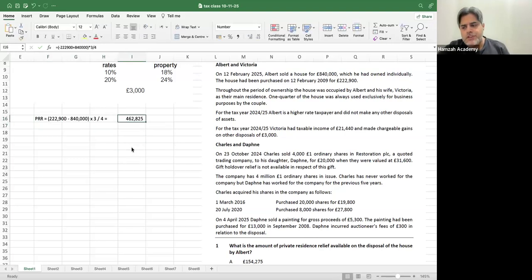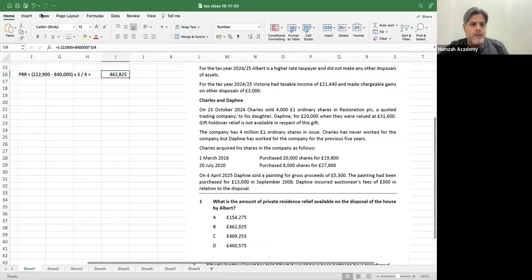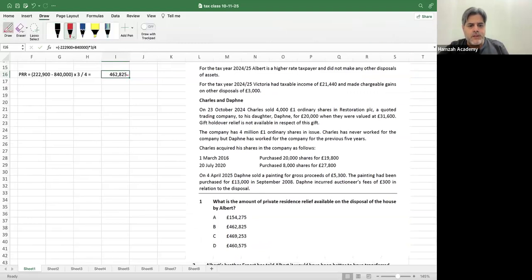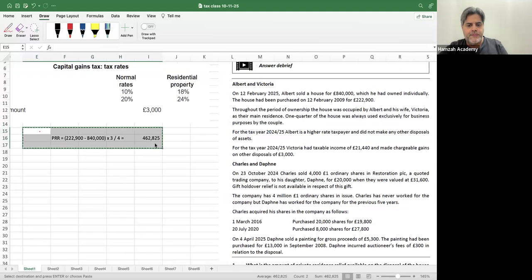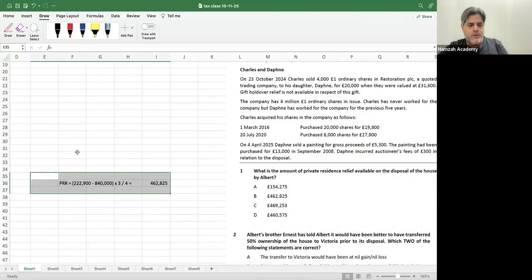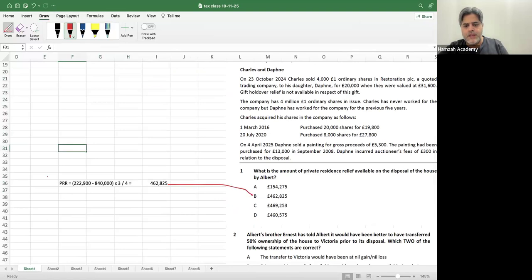Okay, so 462,825 is what we are going to get over here, and this is going to be the amount restricted for the PRR, the private residence relief. That's going to be over here.